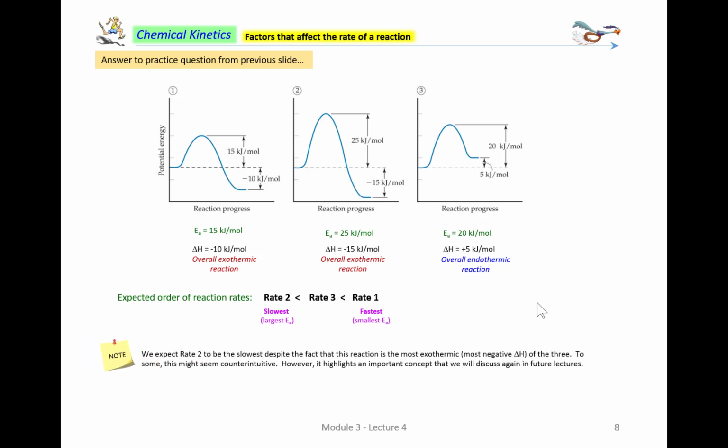So we expect the rate of reaction 2 to be the slowest despite the fact that this reaction is quite exothermic. It has the most negative delta H value.